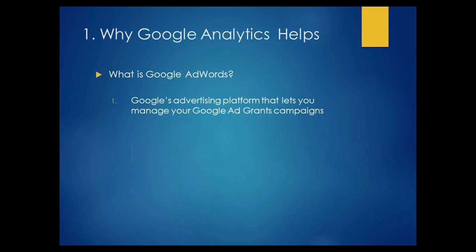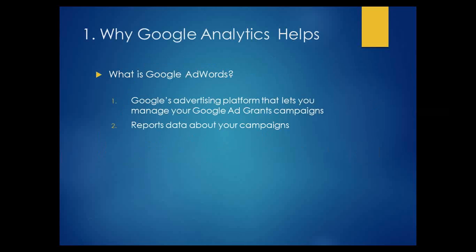So for example, if you're running an awareness campaign, you want to generate awareness about a specific event or a cause, you would run a campaign for that. If you wanted to fundraise, you would run a fundraising campaign, or if you want to get volunteers, you would run a volunteer campaign. So these are all campaigns that you would run inside your Google Ad Grants account, and I also refer to it as Google AdWords.